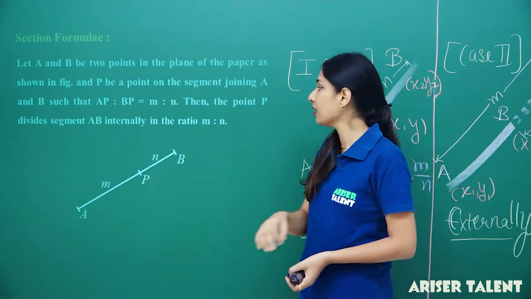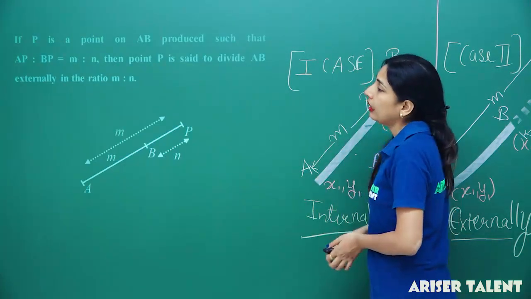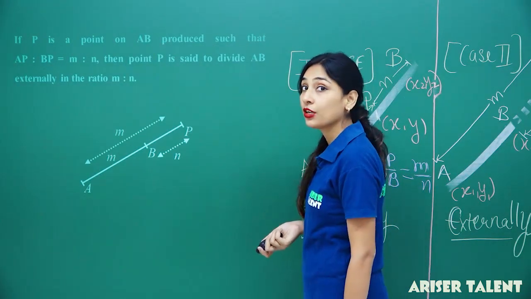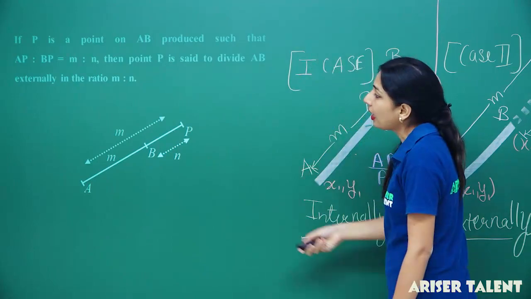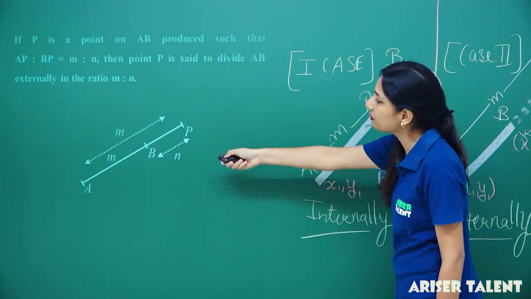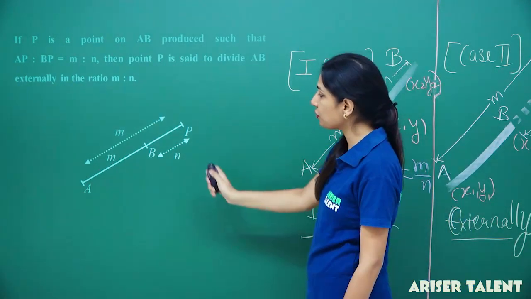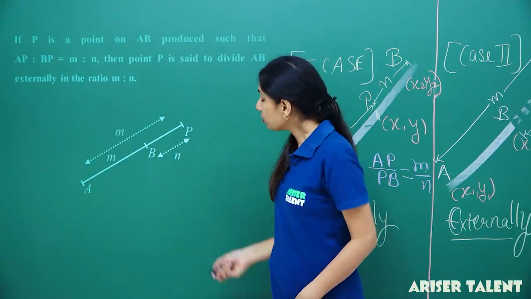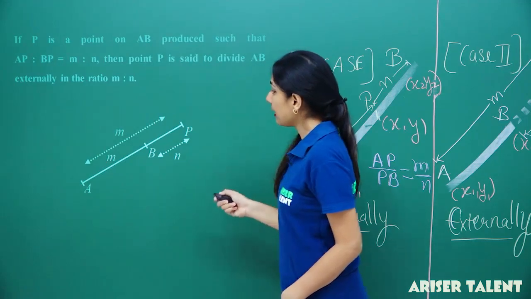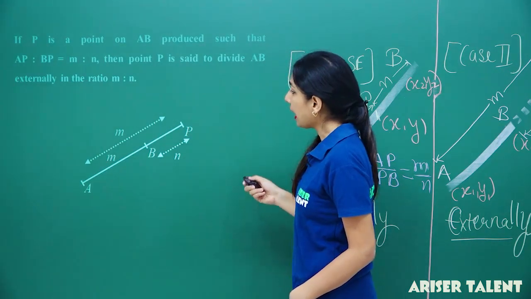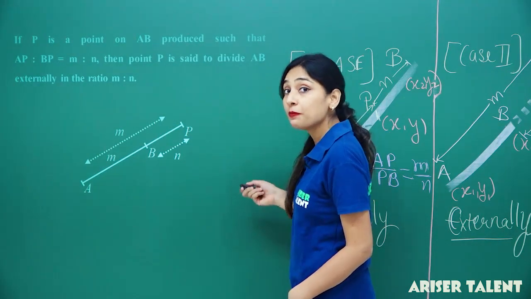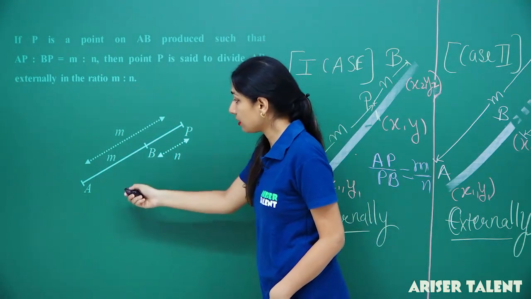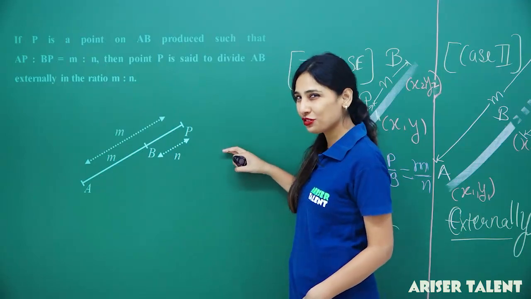This is important. Now, if point P is a point on AB produced, here I am having this BP as an extension of line AB. So basically this AB has an extension and this BP is the extended part. Now the point is not on this AB. It's an outsider.